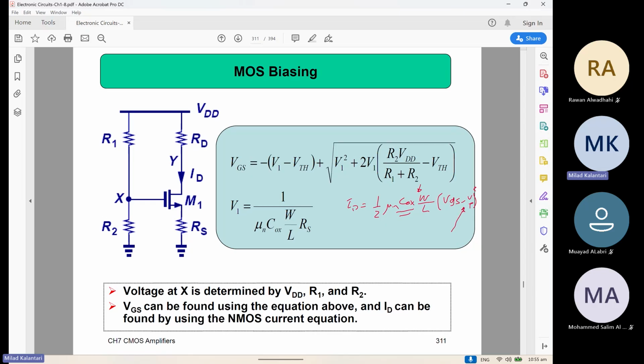The V threshold is also a process or manufacturing parameter, so it is already given to you. Then you adjust all of the values to come up with a certain drain current, and once you get the drain current that you want, you can calculate gm and other things, right?